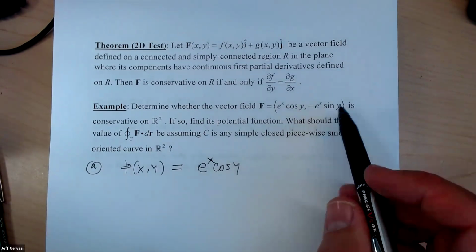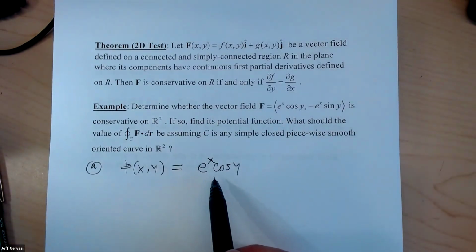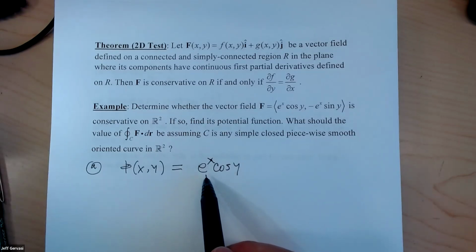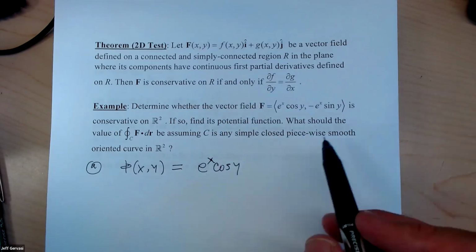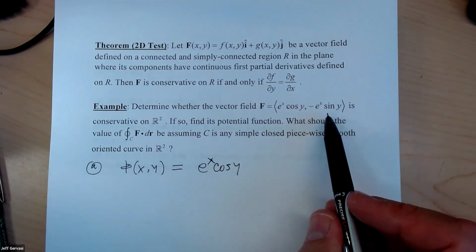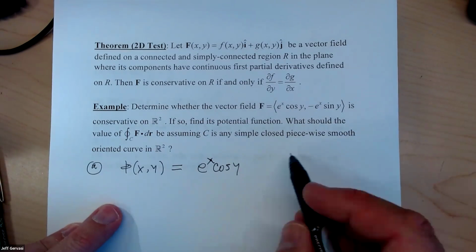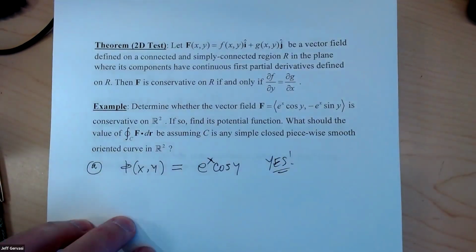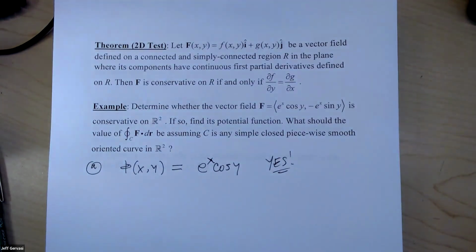Yes, good, it is. The derivative of e to the x cosine y with respect to y: in this case, e to the x would be the constant. The derivative of the cosine is negative sine y, and we have that here. So, yeah, it would appear our vector field is conservative on R2. And we found its potential function.